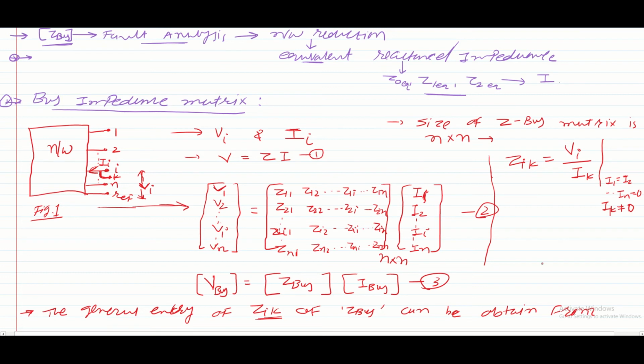of the Z bus can be obtained from this equation number 4, with the condition that all the lines are eliminated, meaning the current from all lines is equal to 0, with the condition that Ik naught is equal to 0. So using this equation I can calculate the new entry of impedance, and for that I need to know the voltage at the ith bus. Clear?